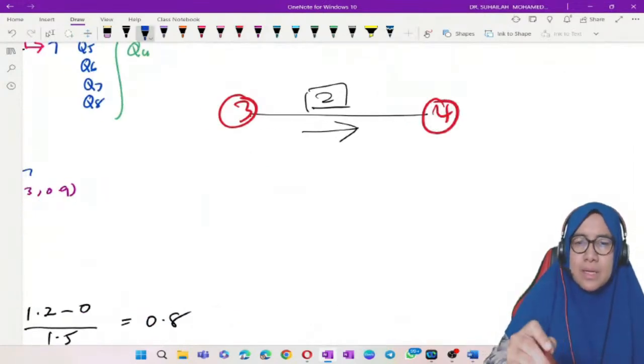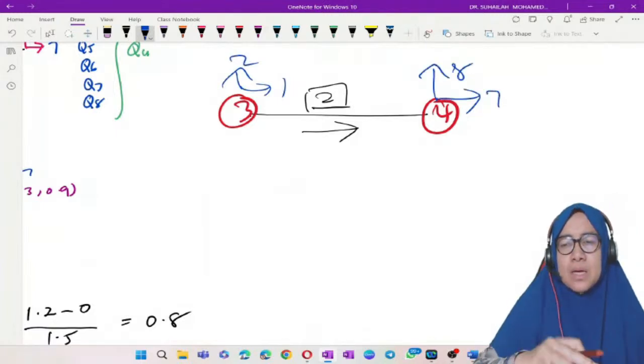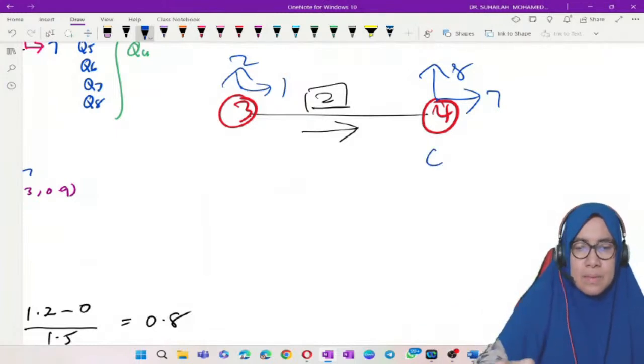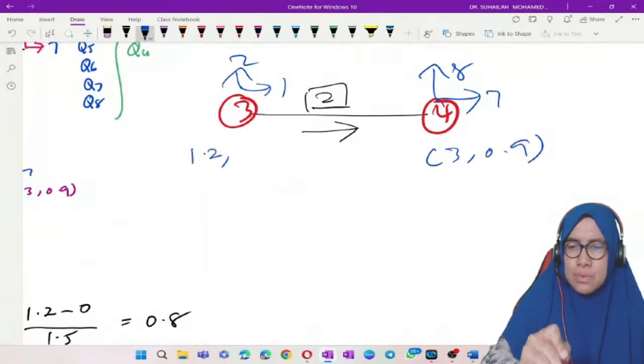The label is 1, 2, 7, 8. The coordinates are 3 and 0.9, and 1.2 and 0.9.